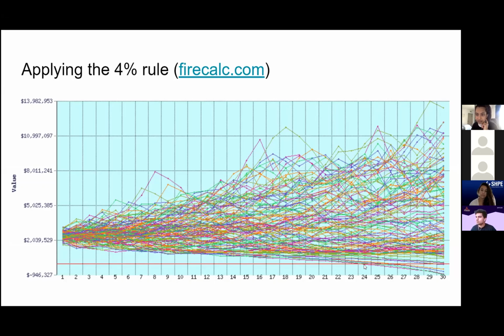Now, if you were to withdraw less, then that would have the effect of pushing these failure outcomes off to the right. And so below a certain withdrawal amount, you essentially have no outcomes that fail. Essentially, your money would never run out.